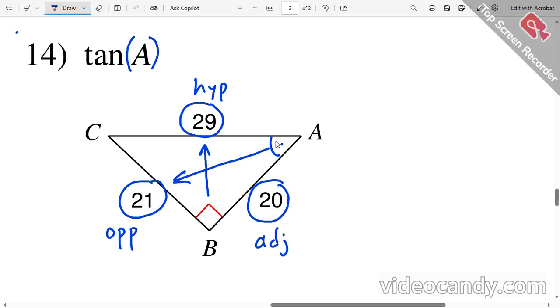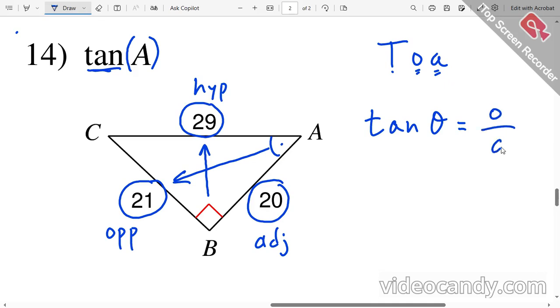We're looking for the tan function. So remember SOH CAH TOA. We're using TOA because the T stands for the tan function. TOA means that the tan of an angle theta is going to equal opposite divided by adjacent.